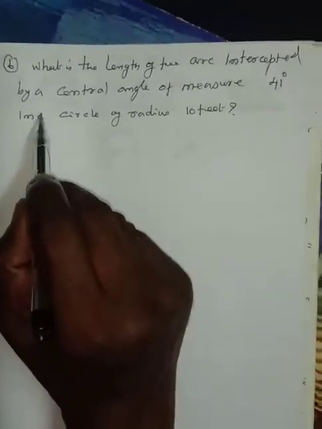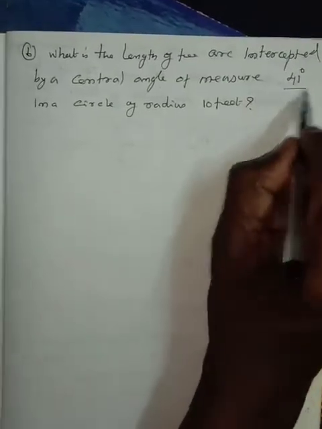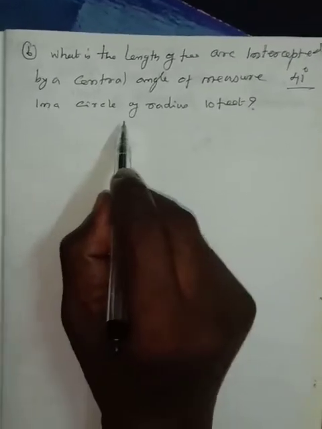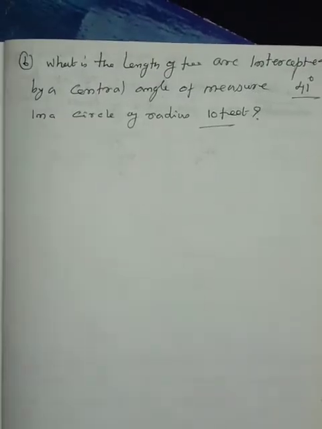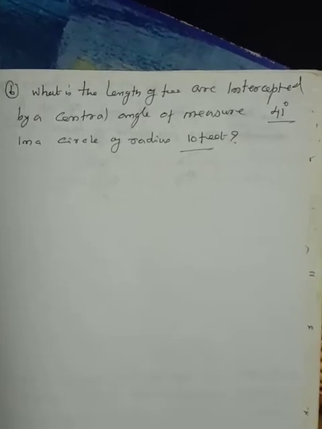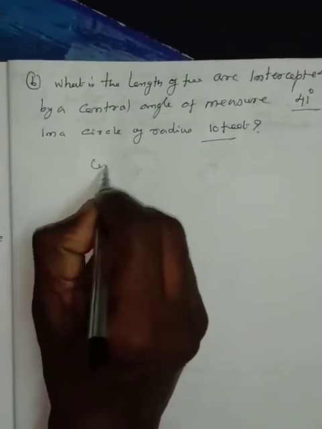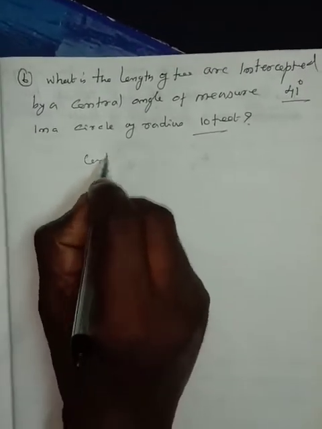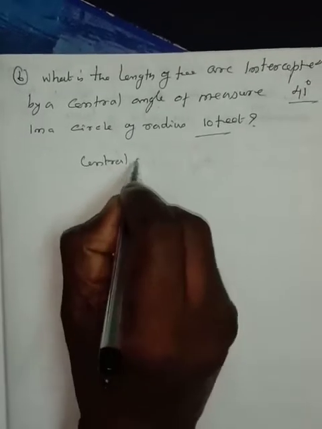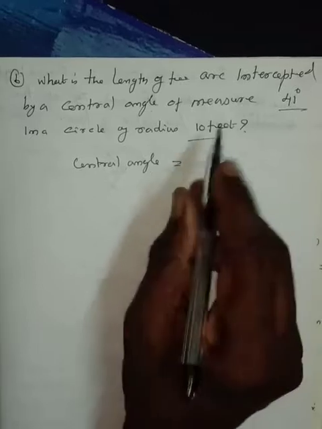The length of the arc intercepted by a central angle of measure 41 degree in a circle of radius 10 feet. Central angle is given by, central angle theta is equal to 41 degree.